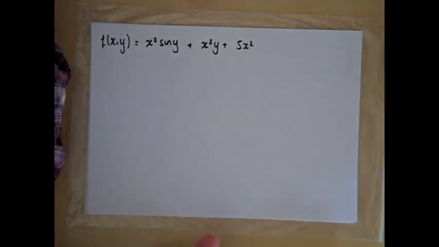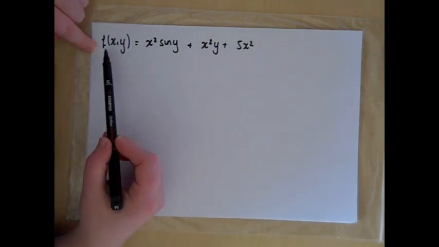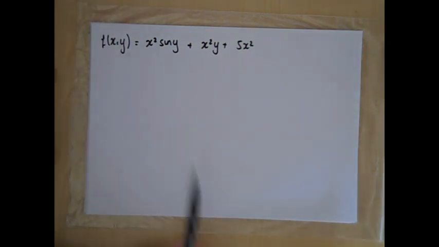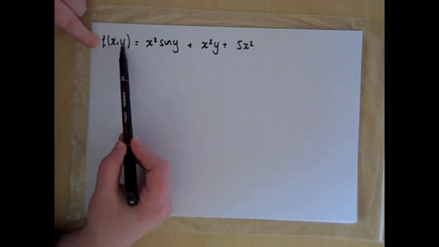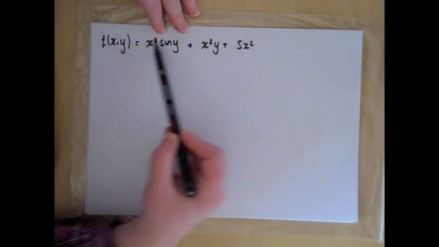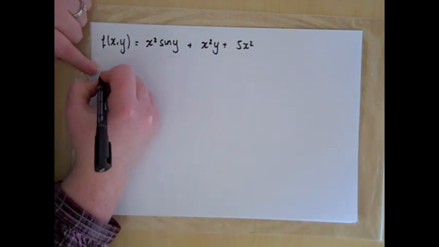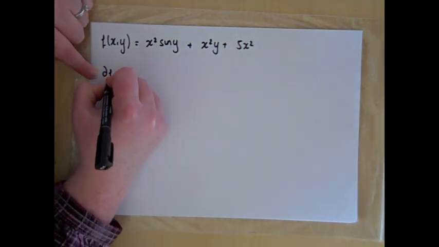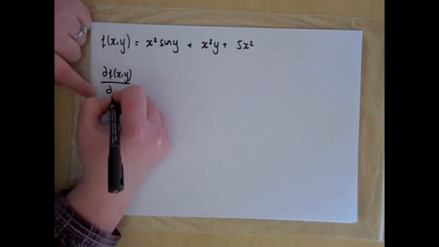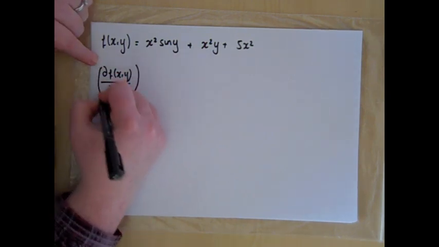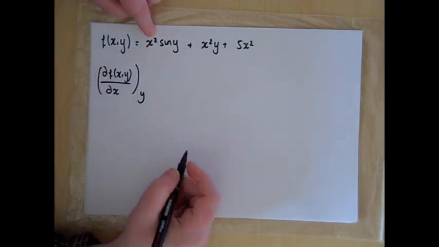So just another example. Here, instead of writing, for example, y is equal to, I've just said the function, which is a function of x and y. And this is what it's equal to here. So I can differentiate this function, df of xy by dx at constant value of y.